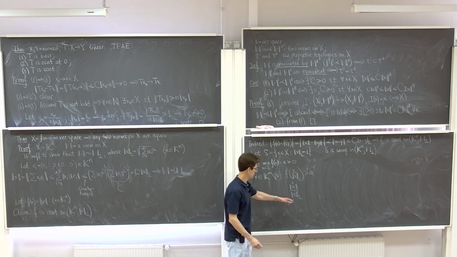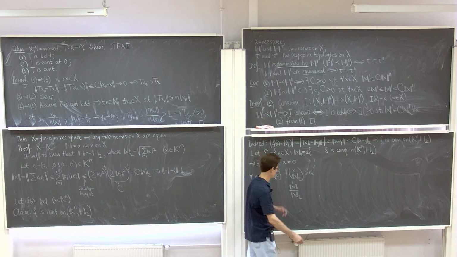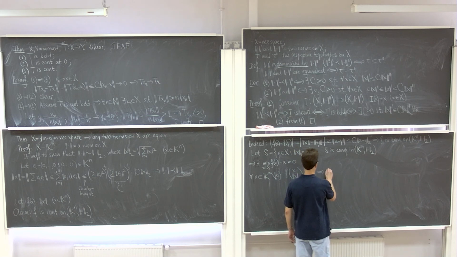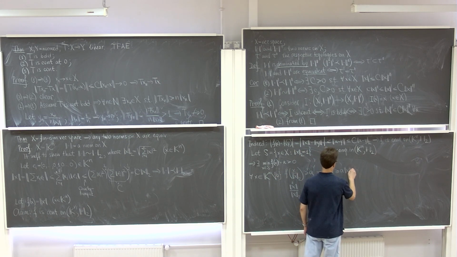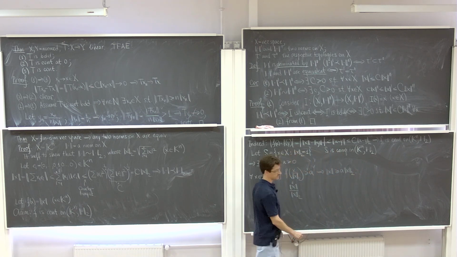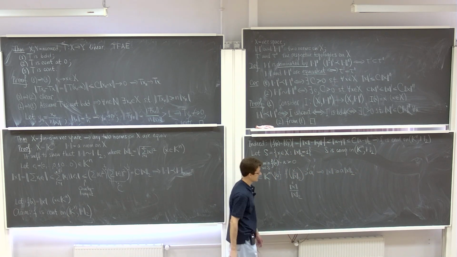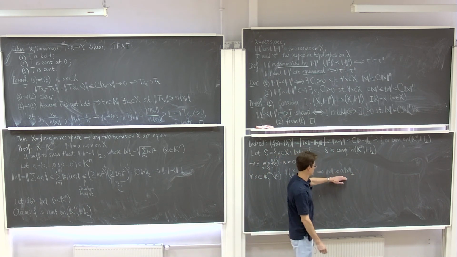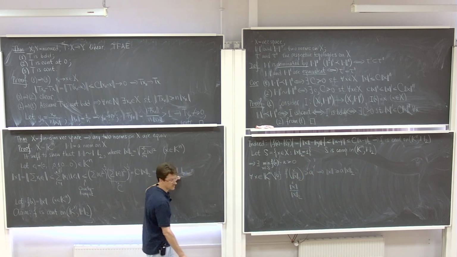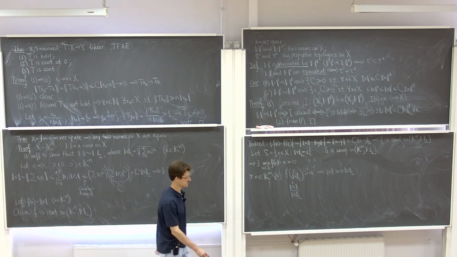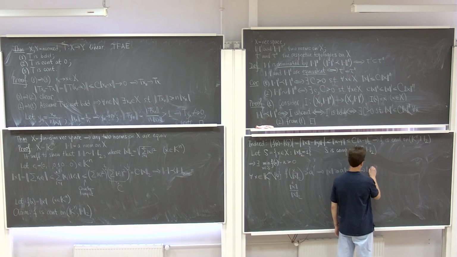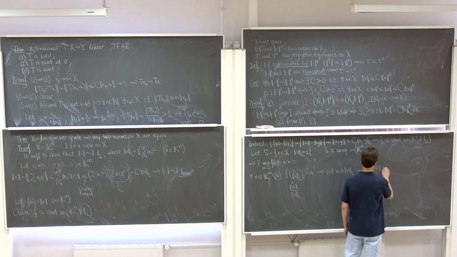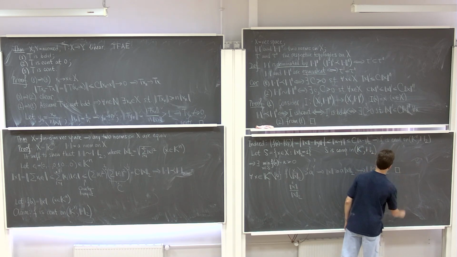And finally, if we multiply this by the Euclidean norm, we conclude that the following inequality holds. And that's it. If we now combine this and this, we see that our norms are equivalent. And this completes the proof.